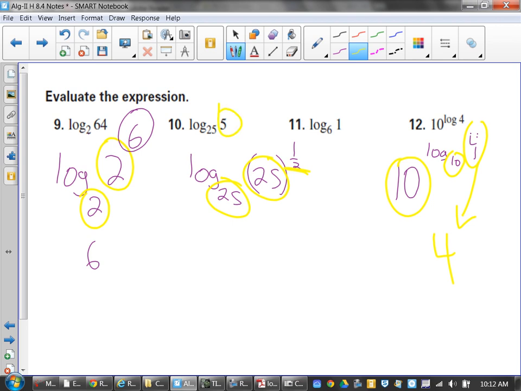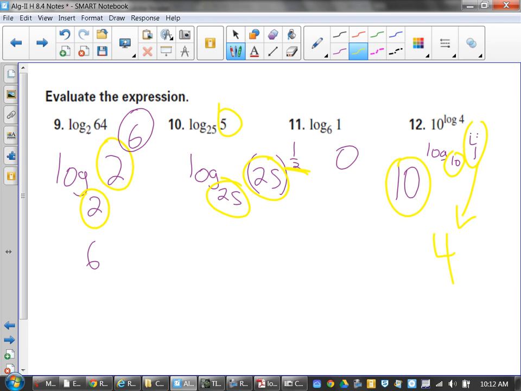All right? Log base 6 of 1. Wait, wouldn't that just be 0? Yeah. Why? Anything log base of 1, remember what that means.